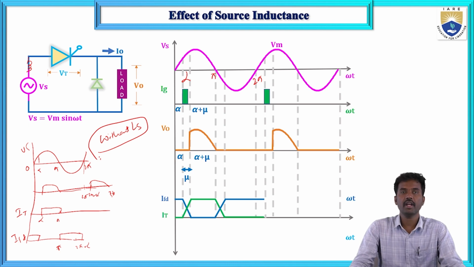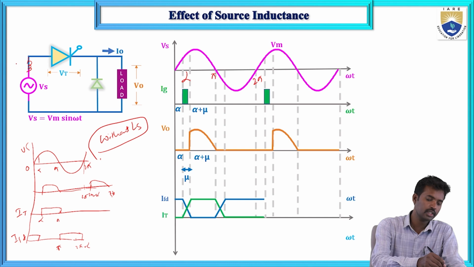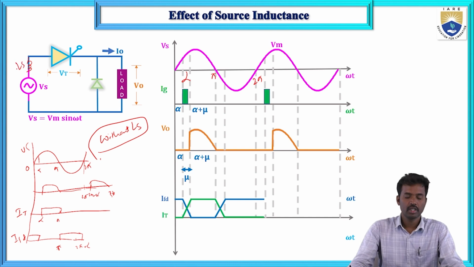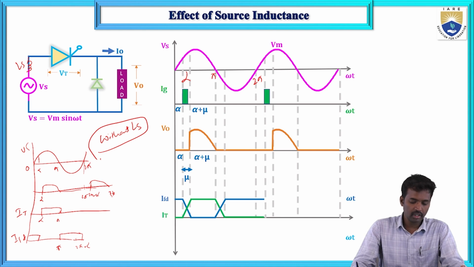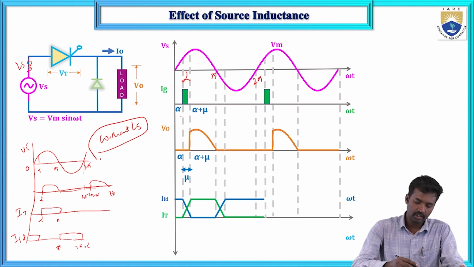But here we are adding one extra inductance, the source inductance LS. Here this is alpha, where we give the firing pulse.